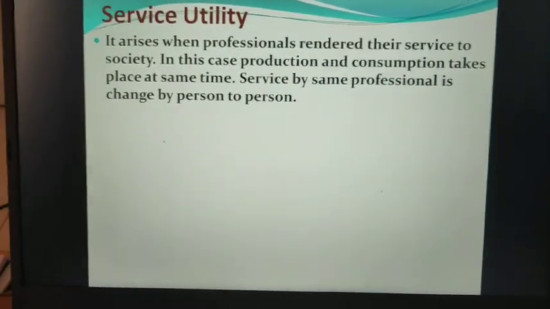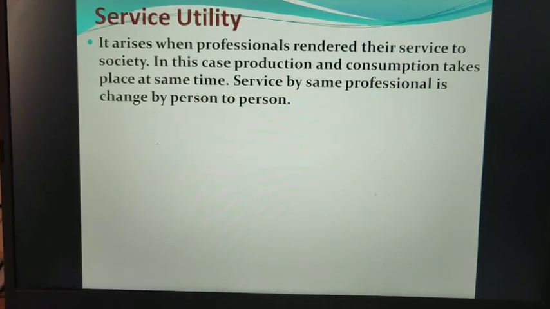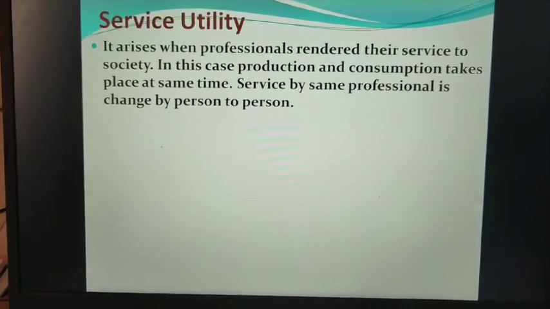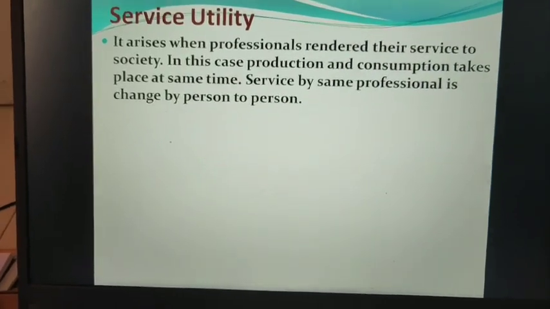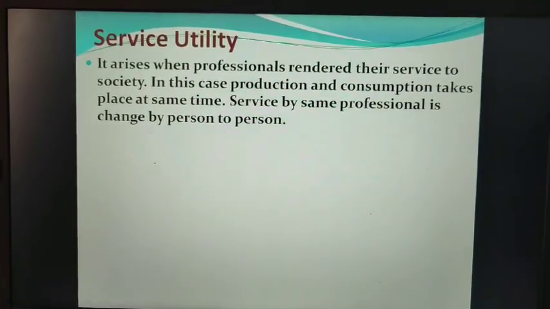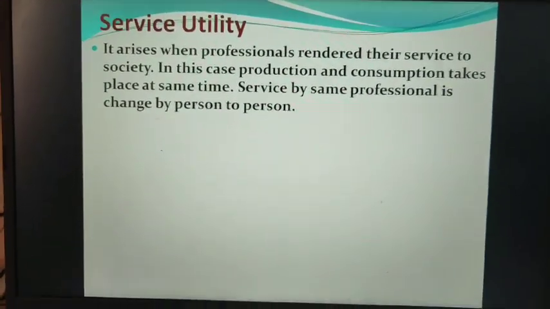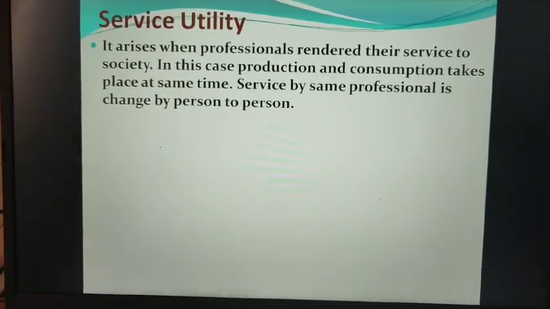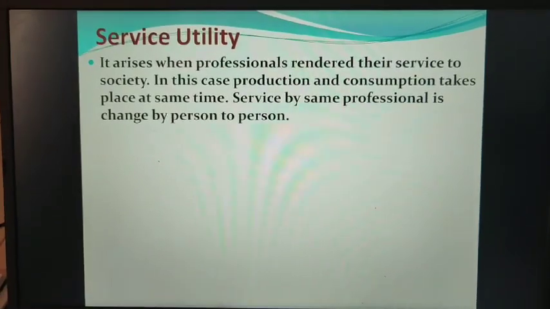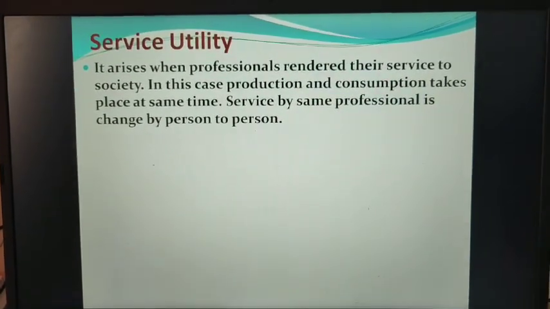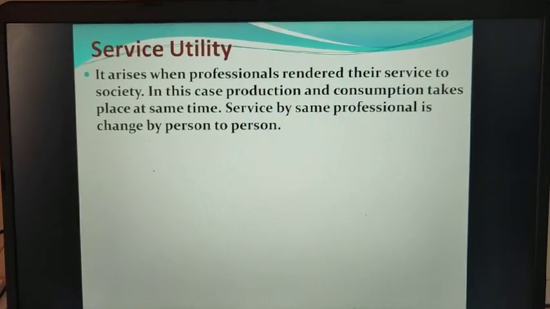But service utility is a type of utility where the service is rendered and at that time only you are taking that service. For example, I'm teaching you right now and you are learning it right now, means I'm giving you the service and you're taking it immediately, right? So it is the only form where production and consumption take place at the same time.